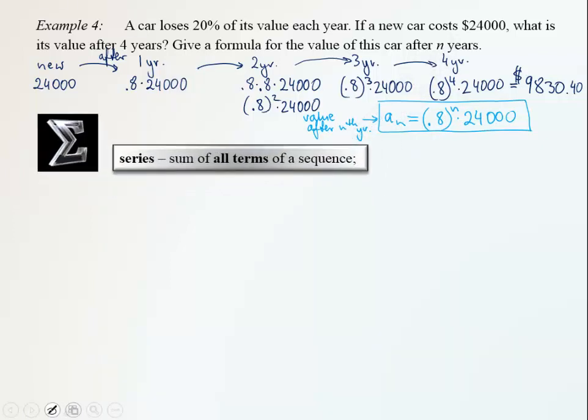Next, we are going to talk about series. Series are really built on sequences. The word series is actually both singular and plural, so there's no difference between one series or many series. What is it? Well, basically this is a sum of all terms of a sequence.